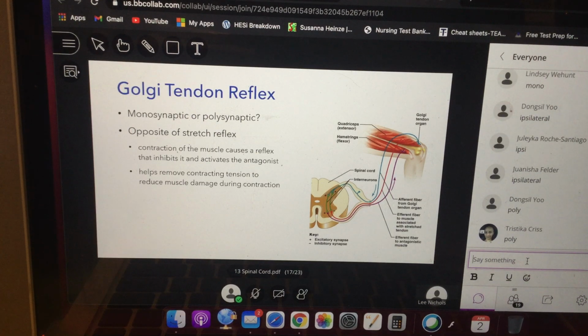This is really all just about balance. Balance of force. When this muscle contracts, it actually gets a little inhibited by this Golgi tendon reflex. This very same muscle contracting is stimulated to back off a little bit, and this one on the back of the thigh is stimulated to contract a little bit to try to balance the force.